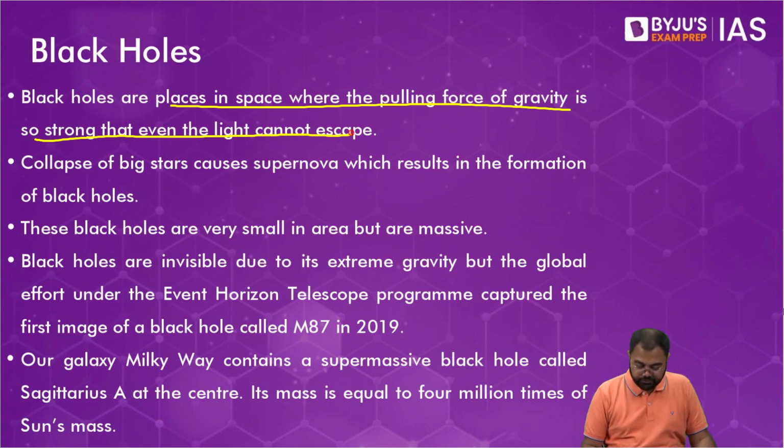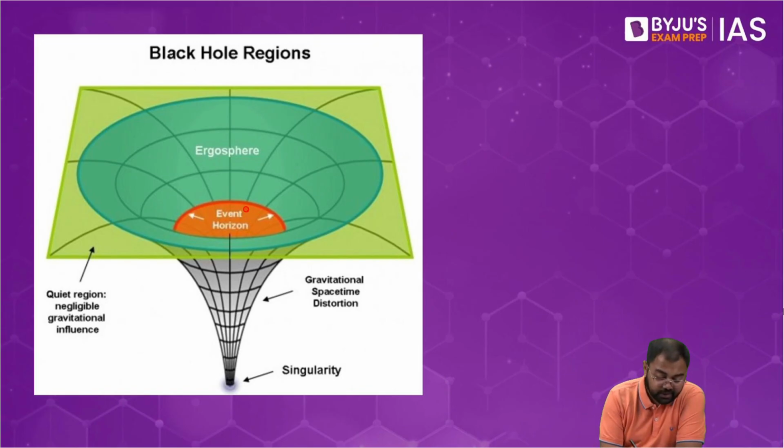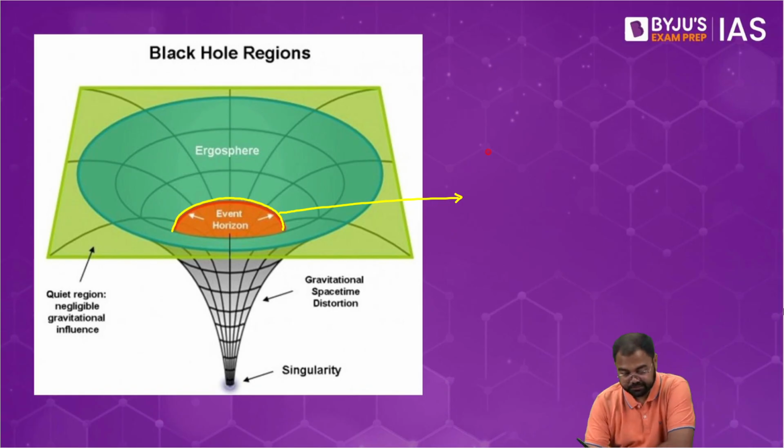So if you see this, it's something like this, that you have this event horizon which is like the boundary, right? So event horizon basically is the boundary.